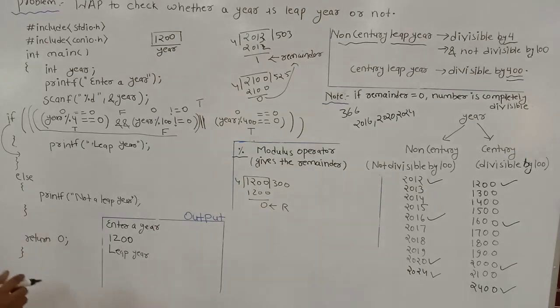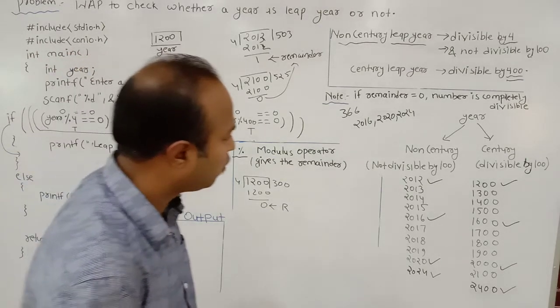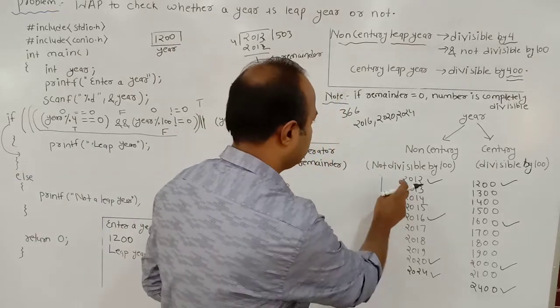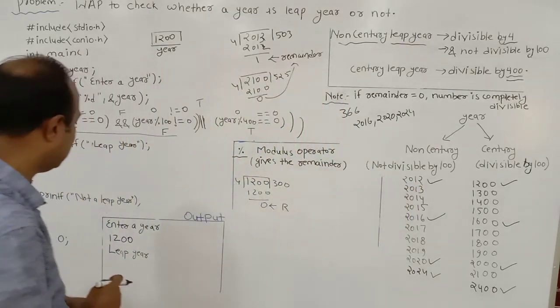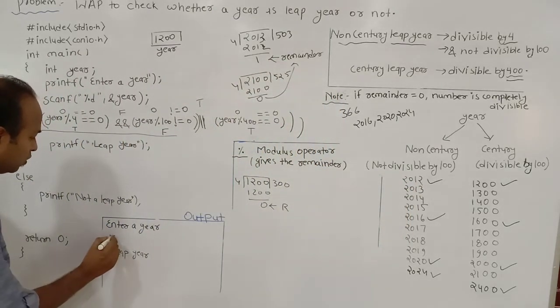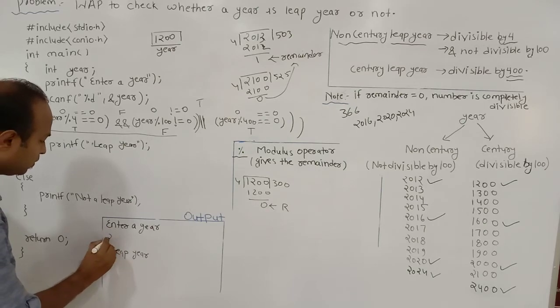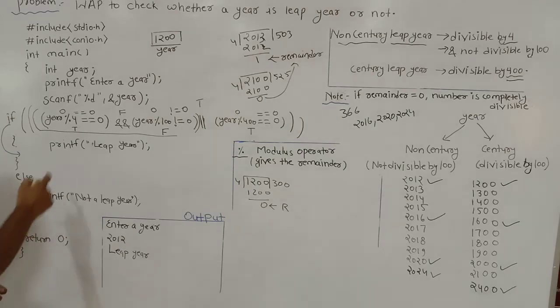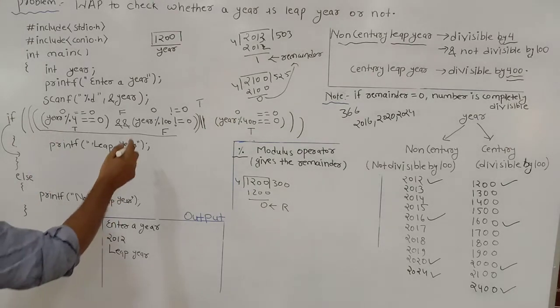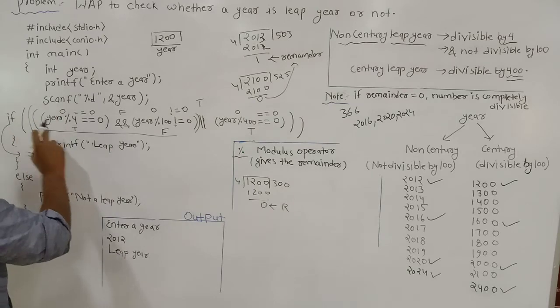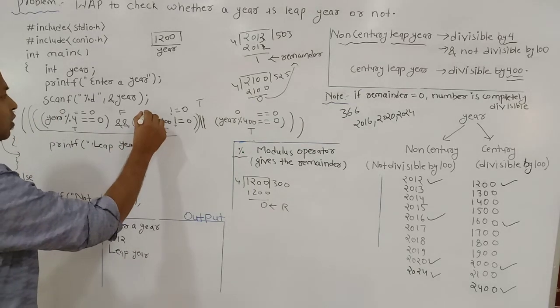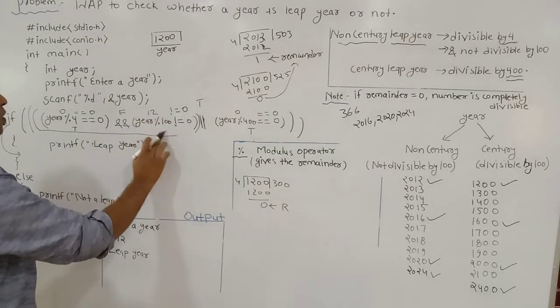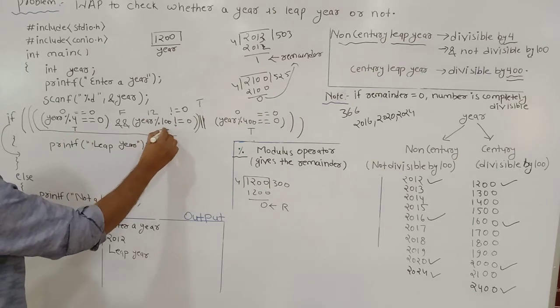Suppose the user enters, for example, 2012. Then what will happen? This condition will be true. Here we get the remainder 0 and here we get the remainder 12. So this condition will be true and this condition will also be true.